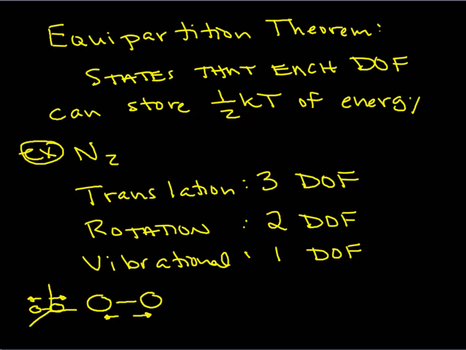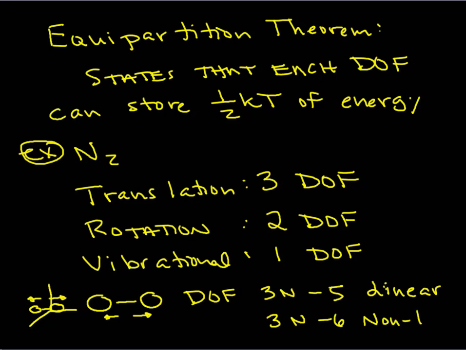And when we want to calculate this, we can say that the degree of freedom will be equal to 3n minus 5 for a linear molecule, and would be 3n minus 6 for a nonlinear molecule. And as you can imagine, with n equaling 2, 3 times 2 minus 5 equals 1, which is consistent with a linear stretch of N2.